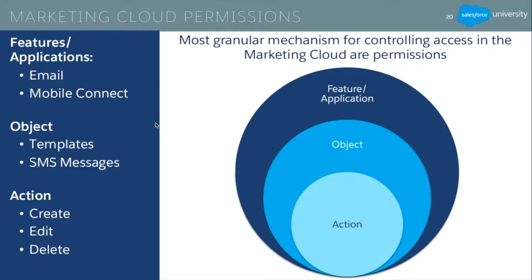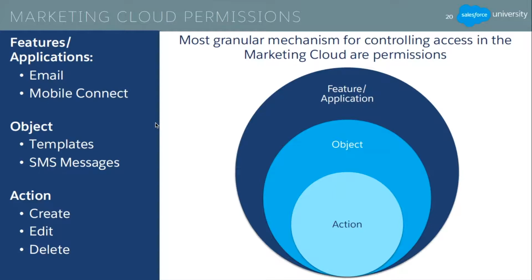They break down by the feature or the application, the object within that application, and then the action that we can do with that. So I could be talking about, in the email application, whether or not I want to be able to send, or send preview, and I could see that within there.